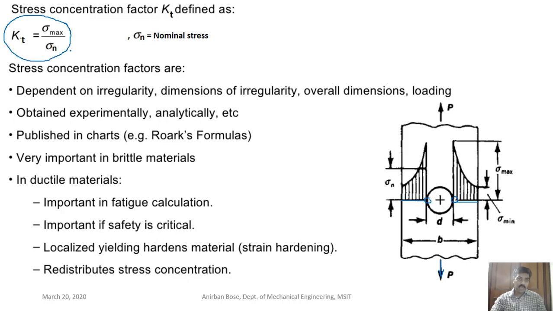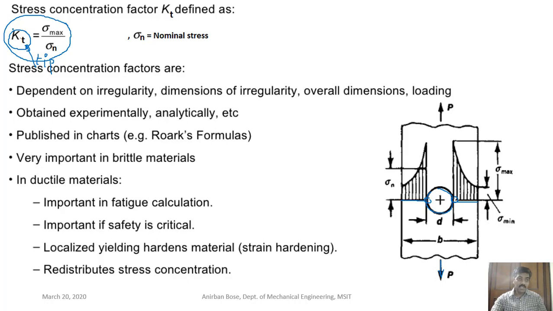The maximum stress will be equal to some constant Kt, which is called the stress concentration factor. This t basically indicates tip, that means at the tip, where the stress concentration is taking place. Here in this case it is the hole or the notch or whatever that may be.